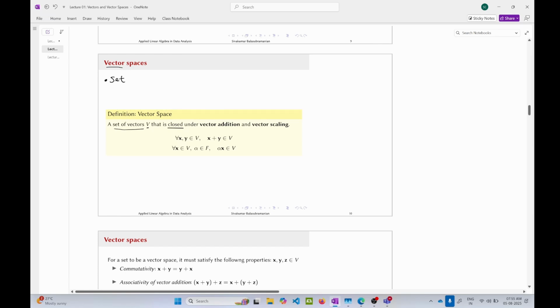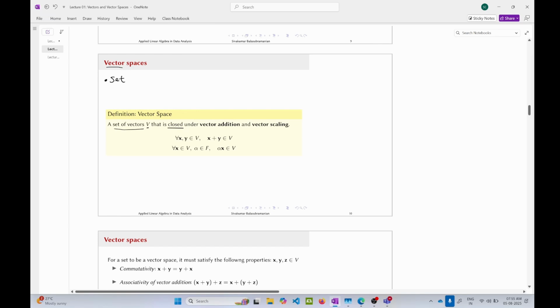Now you can similarly figure out what it means to be closed under vector addition. I have a real number bag. I take two real numbers. I add them together. And when I look inside to see if this new number that I've generated is in the bag, it is there. So for any possible two numbers that I can pick up, I say it's closed under real number addition.